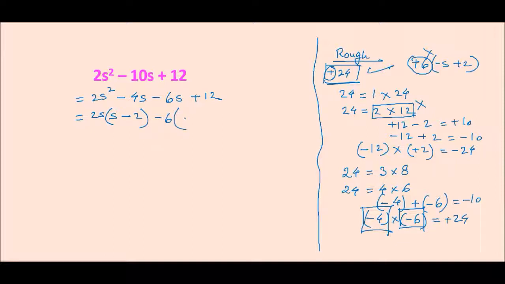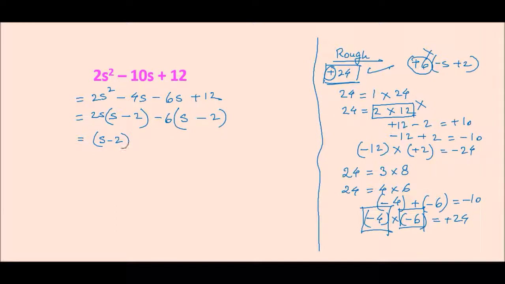We have to get the same expression in the two brackets. If we take out minus 6 as the common factor, we will be getting s from the third term and minus 2 from the fourth term. Because minus 6 multiplied with plus s is a minus 6s, and minus 6 multiplied with minus 2 is a plus 12.